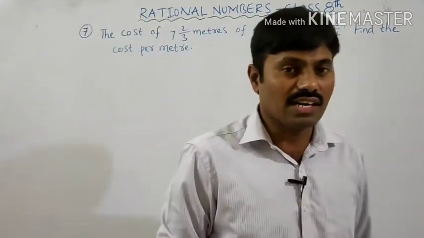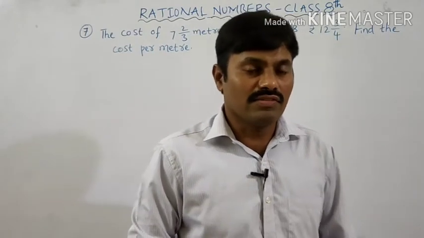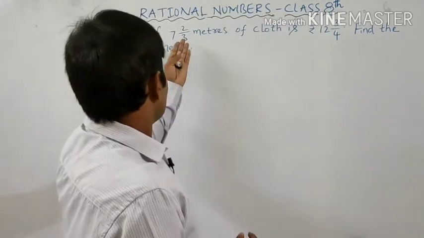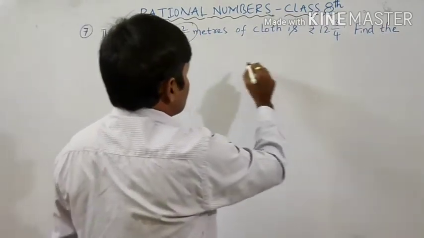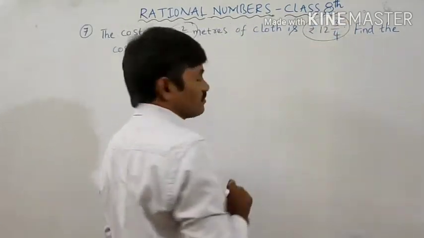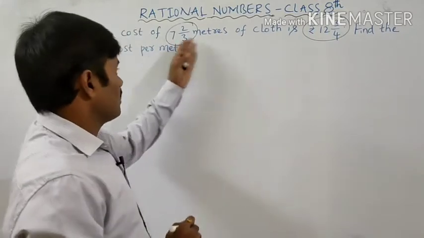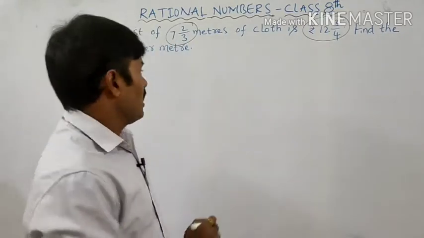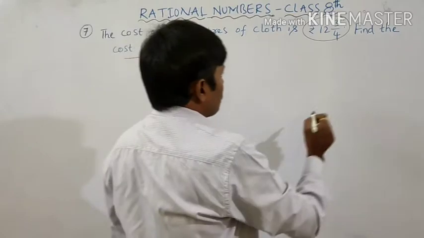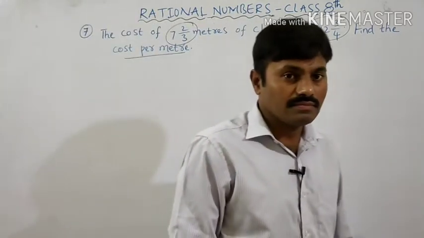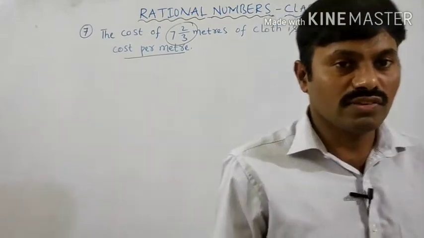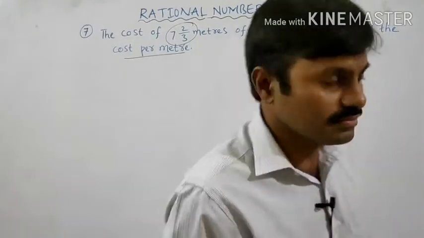If you read the question, what numbers are given? 7 2/3 meters and 12 3/4 rupees. These are mixed fractions, and they ask us to find the cost per meter.